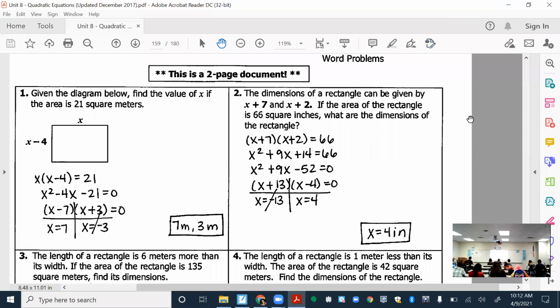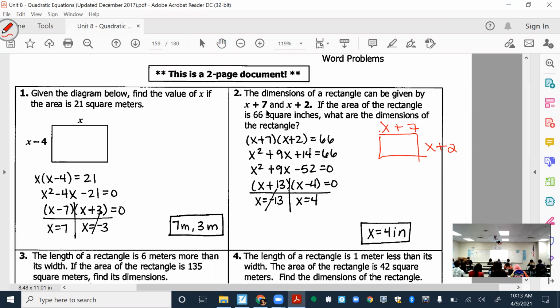So dimensions of a rectangle are given by x plus 7 and x plus 2. So what does that mean? Well, it means the sides are represented by that. So let's draw a picture to help us out. One side is x plus 7 and the other is x plus 2.